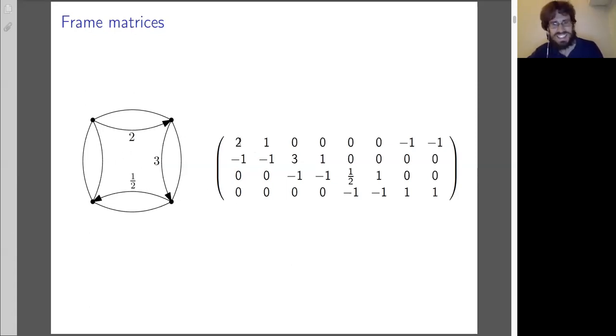If I'd rescaled this column so that instead I had a -1 in this entry, then down here I wouldn't have a 2 anymore, I'd have an entry of a 1/2. So if I think about this edge pointing in the other direction, the label shouldn't be 2, but a 1/2. So really what we've got here is labels on the oriented edges of this graph. And if you want the label of an edge going in the opposite direction, you just take the multiplicative inverse of the edge in this direction.